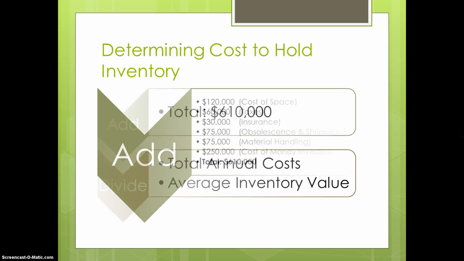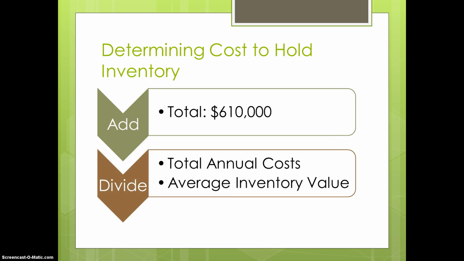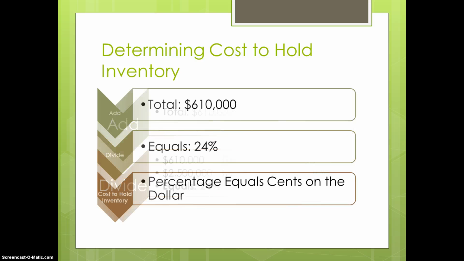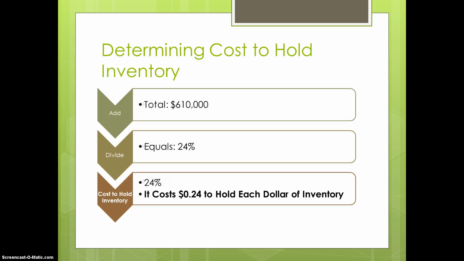You would divide that by your average inventory value, which in our hypothetical business is $2.5 million. This resulting percentage is 24%. That percent easily converts to cents on the dollar for holding inventory. 24 cents per dollar of inventory is the cost to hold that inventory in our hypothetical situation.